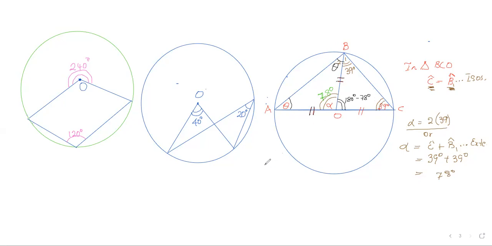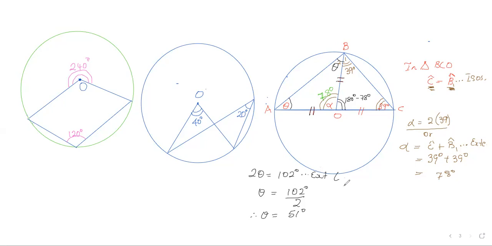Or I can say 2 theta is equal to 102 degrees, and the reason is exterior angle. Therefore, theta will equal 102 degrees divided by 2, and that will be 51 degrees. Therefore, theta is 51 degrees.